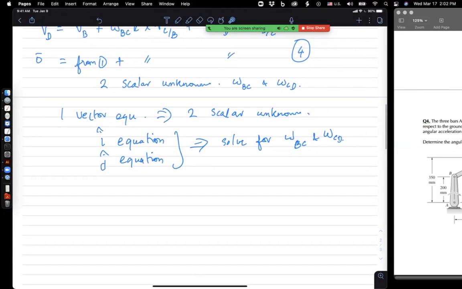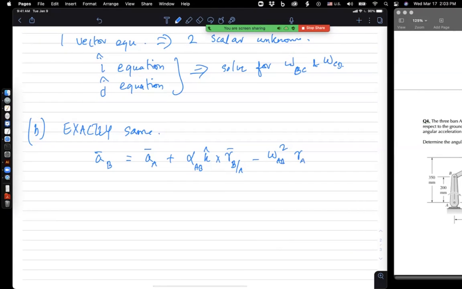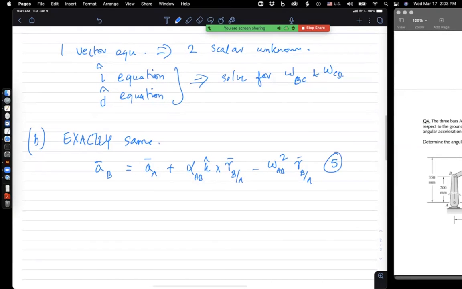So that's for part A. And then part B, you do exactly the same thing, except you do this equation, AB or whatever, B with respect to A. Let's call this equation, I don't know, 5 or something.